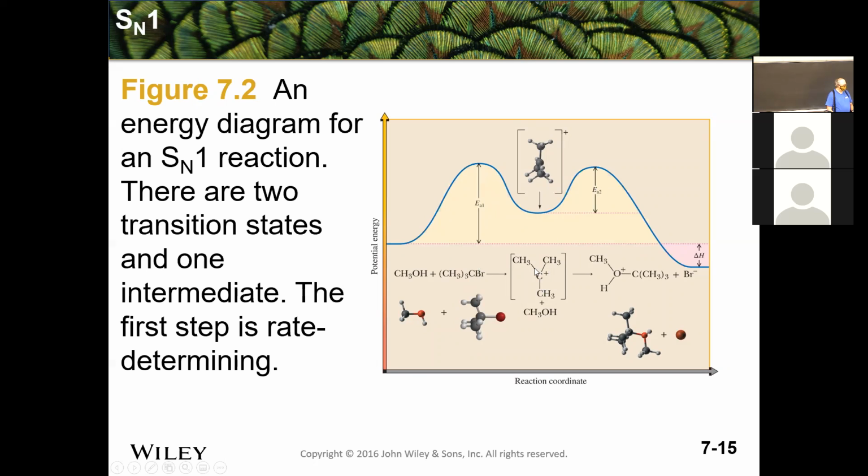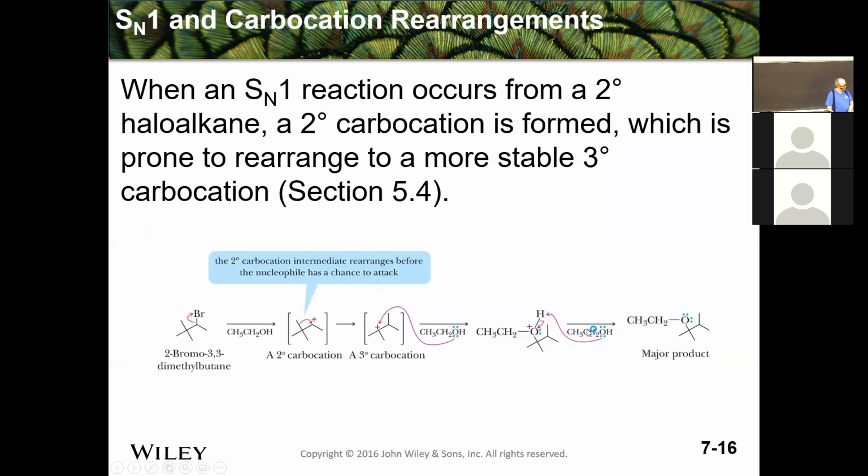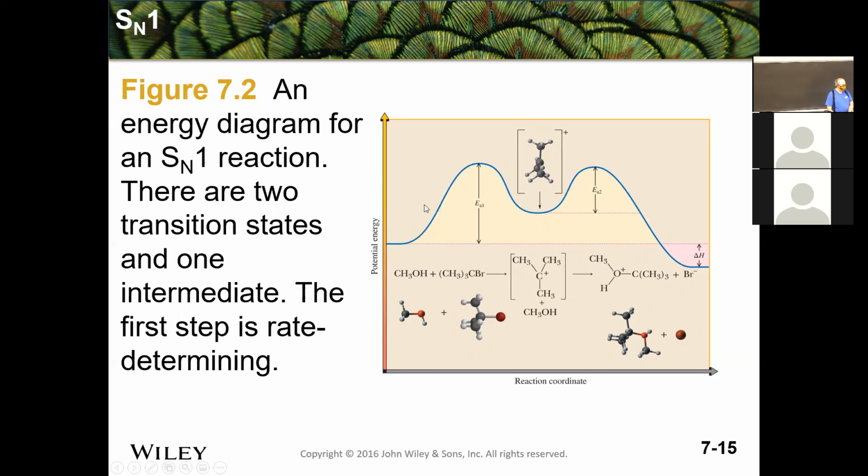Once this carbocation is formed, then the nucleophile attacks it very rapidly. So this is the fast step. And because the first step, the ionization, is the slow rate determining step, the nucleophile is not involved in the rate law.